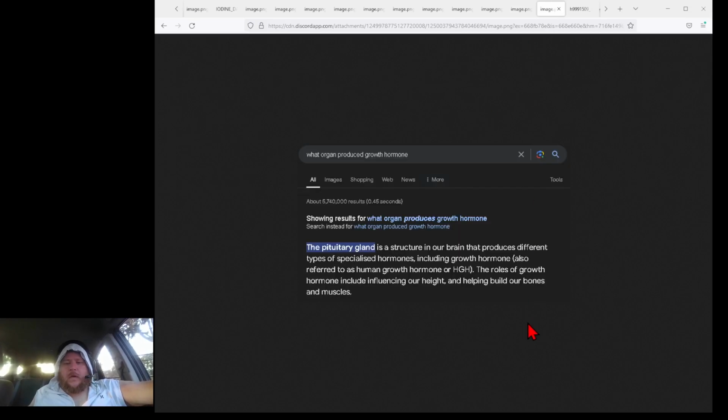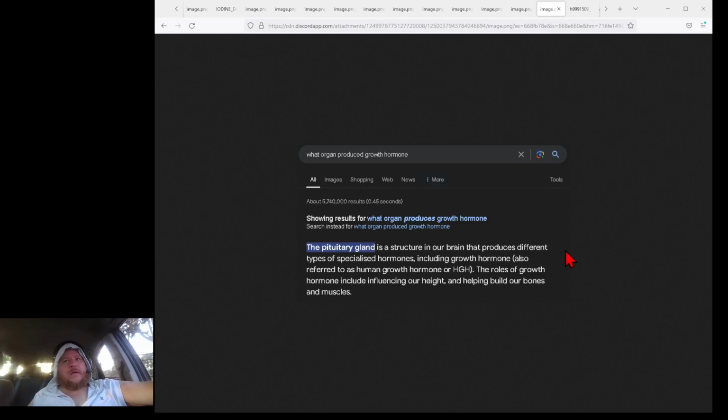What I was looking for is that I didn't really feel like I had the human growth hormone impact from my fast, and I was wondering why that would be. That's how I started digging deeper into the pituitary gland, because it's the one that produces it. If you're looking for bone regrowth or bone regeneration, or muscle development, these things are done through the pituitary. So you need to work on the pituitary gland as well.